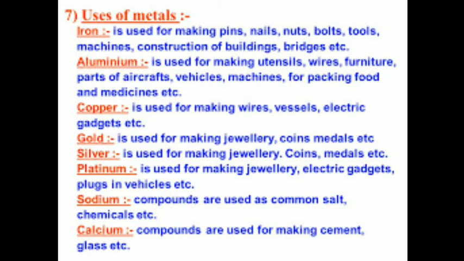Gold, as you all know, it is very expensive and used for making jewelry and coins. Silver is also used for making jewelry. Sodium is generally used in making of common salts, chemicals, and calcium is used for making cements, glass, and medicines.